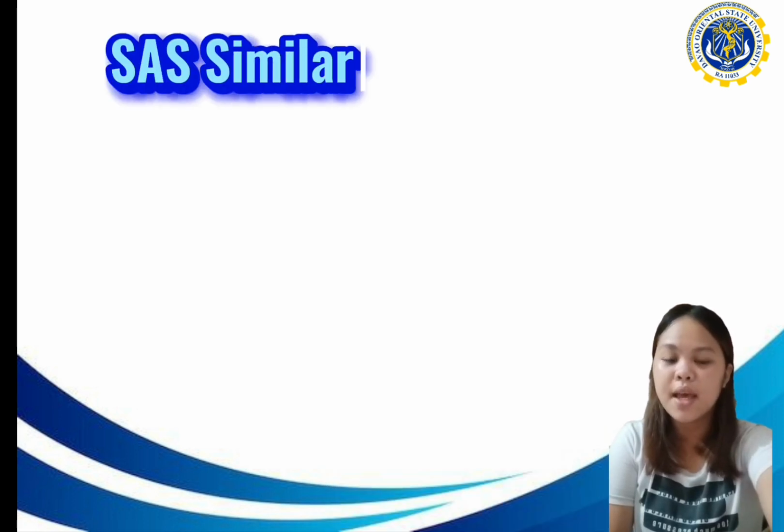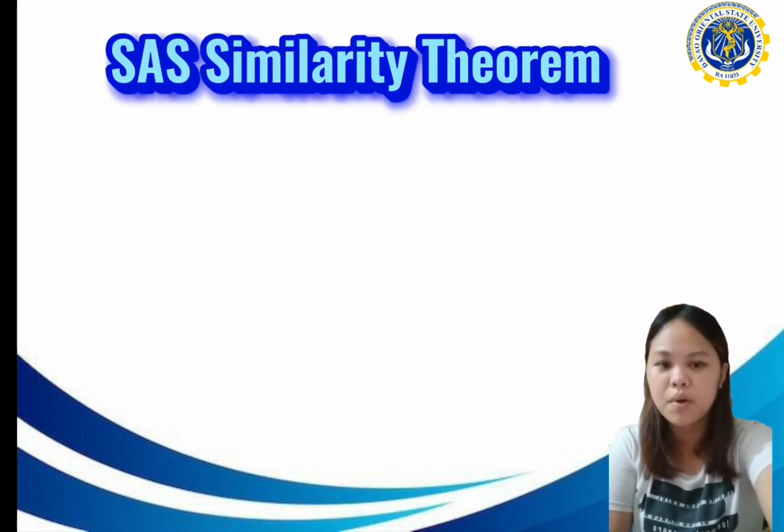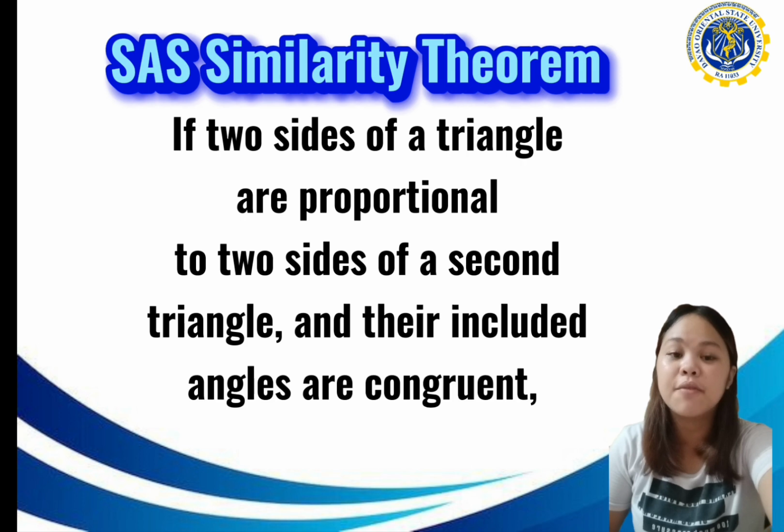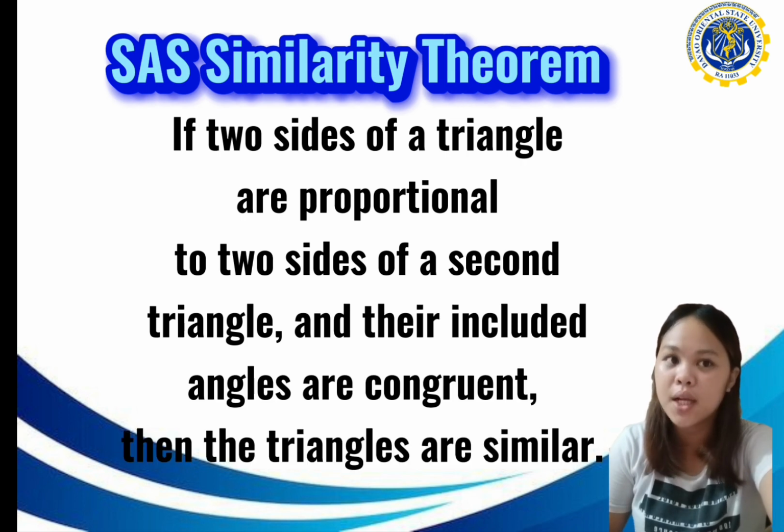Next is the SAS similarity theorem, or the side-angle-side similarity theorem, which means if two sides of a triangle are proportional to two sides of a second triangle and their included angles are congruent, then the triangles are similar.